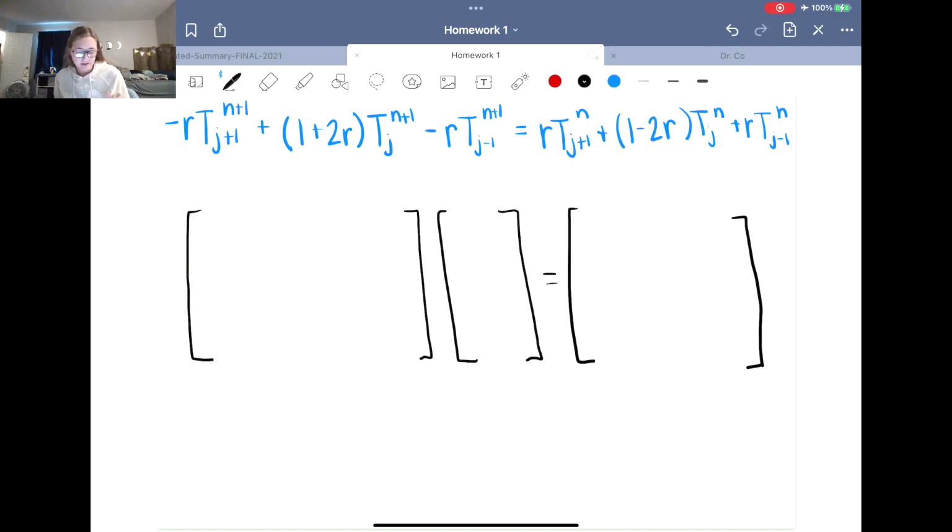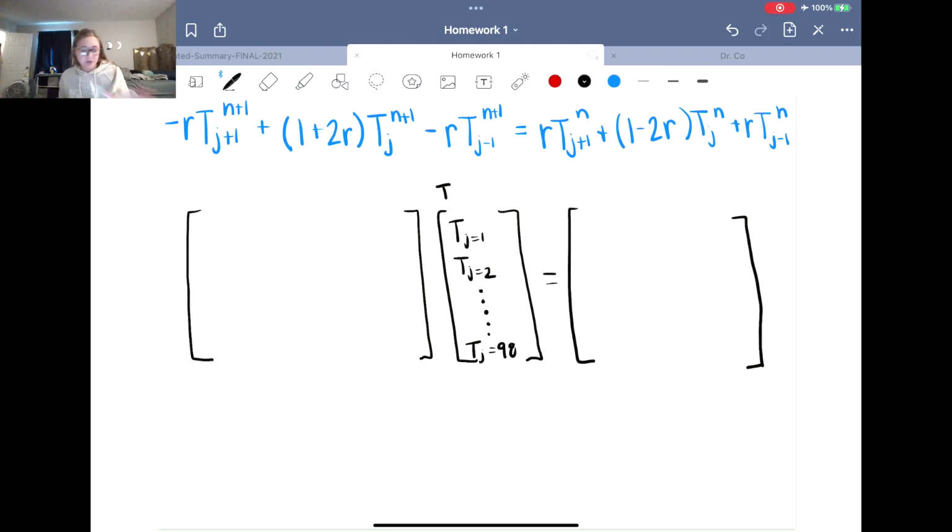Okay, so I kind of set up the outline of our matrix. We're going to start with our middle column. This is going to be our T_j column. So we'll have T when j equals 1, T when j equals 2, all the way down to T when j equals 98.